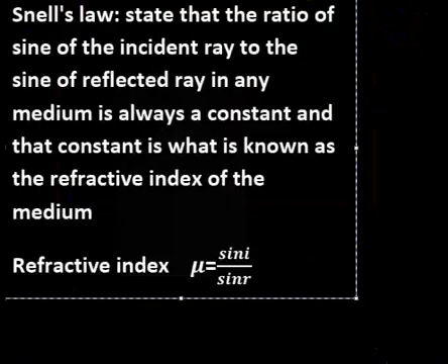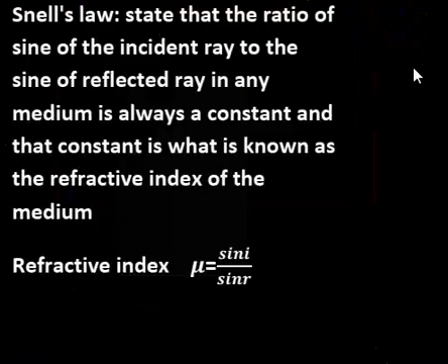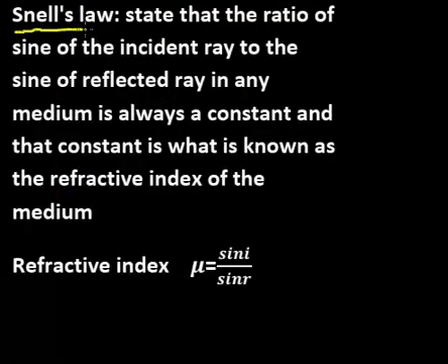Okay, so Snell's law states that the ratio of the sine of the incident ray to the sine of the reflected ray in any medium is always constant. Remember, once refraction occurs, the ratio of the sine of the incident ray to the sine of the refracted ray, please correct this, refracted, not reflected, because you're talking about refraction.